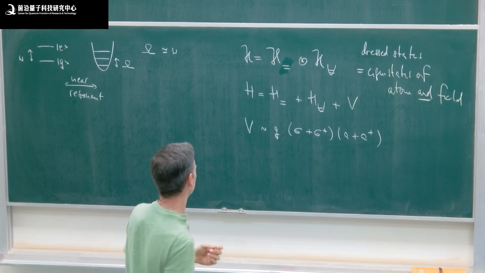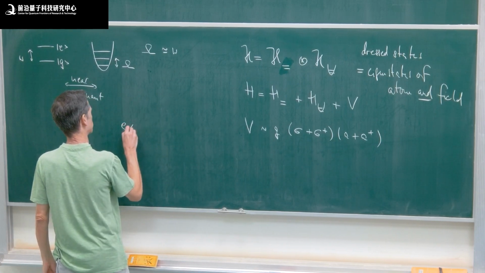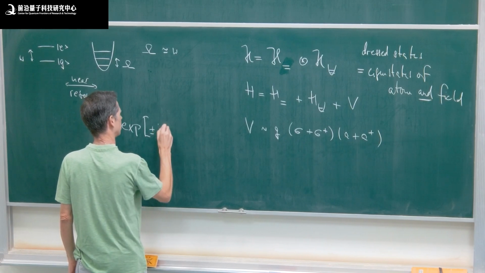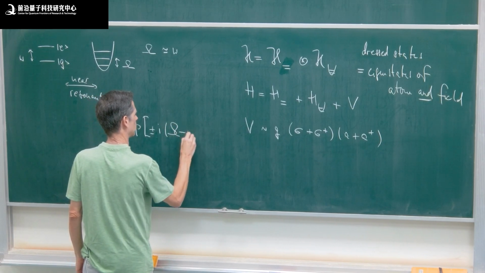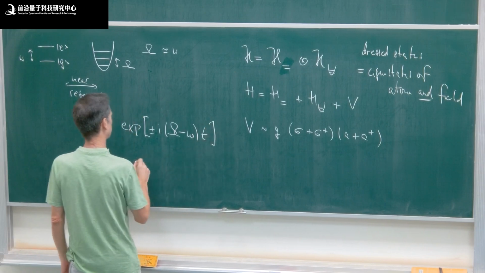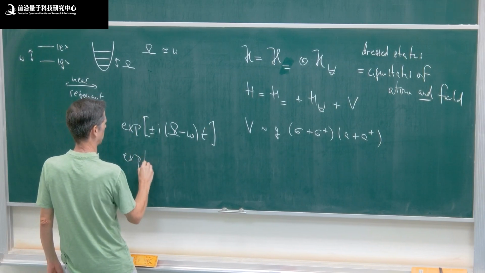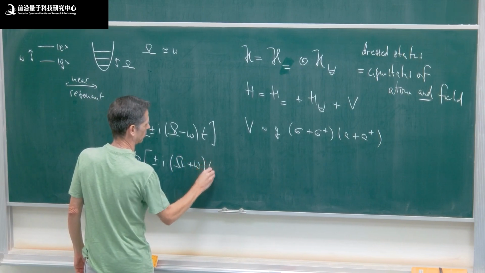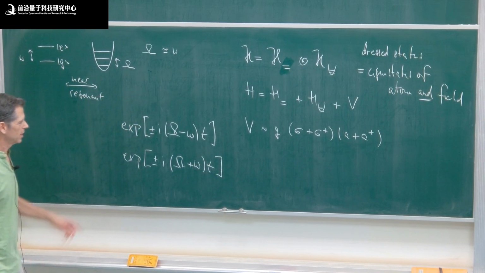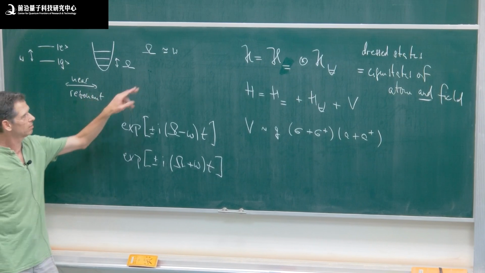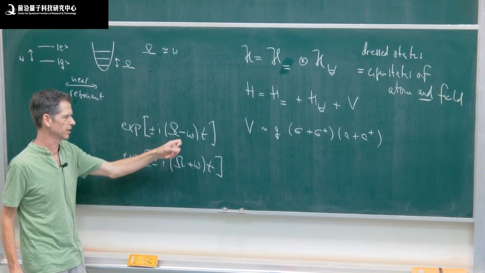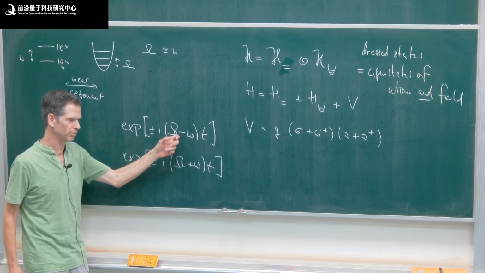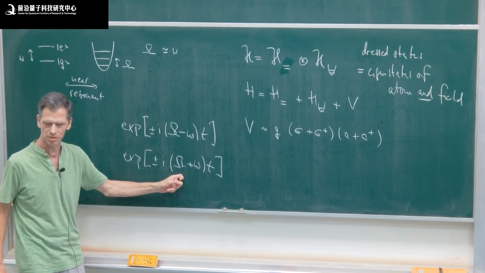Okay, so I write it down. So there were these terms exponential plus minus i, and then we had terms omega minus omega_0 times t, and then we had terms exponential plus minus i omega plus omega_0 times t. Right, and now you see that in this case, where these frequencies are close to each other, this term evolves on a very different time scale than this term, right?